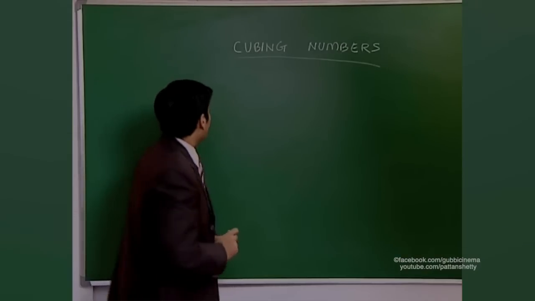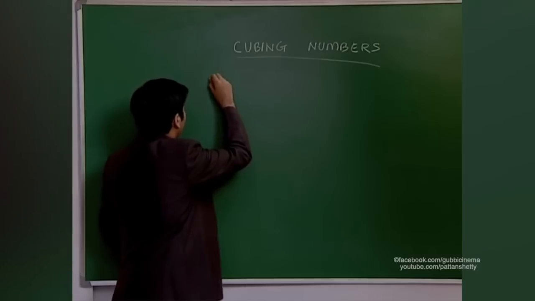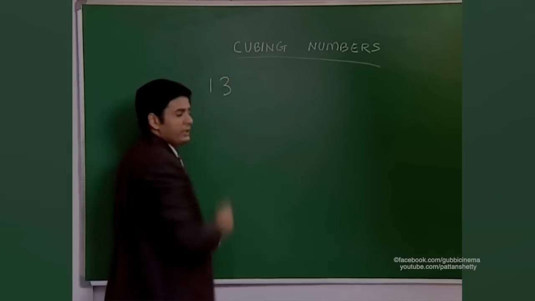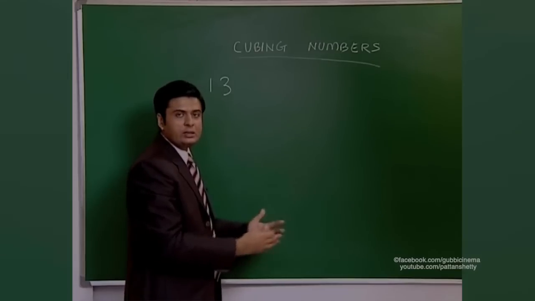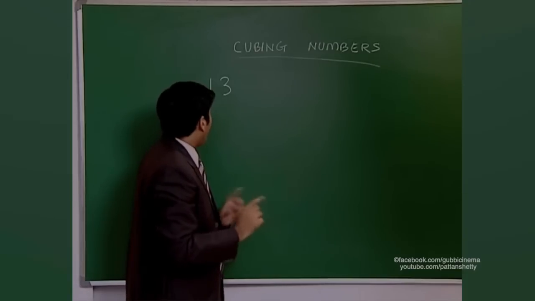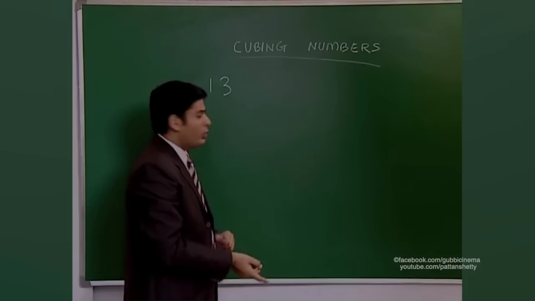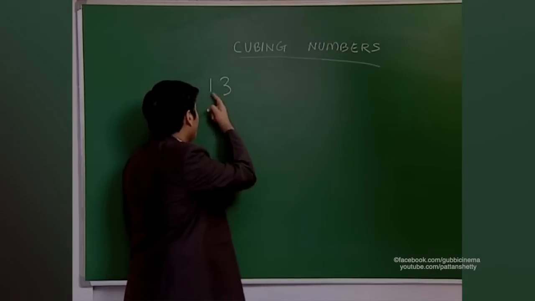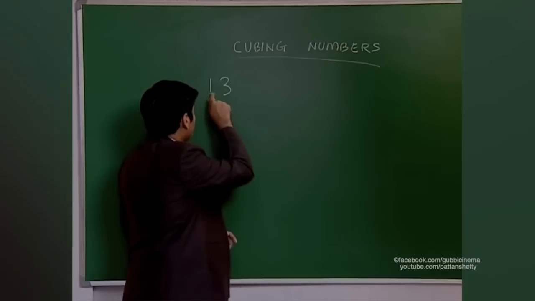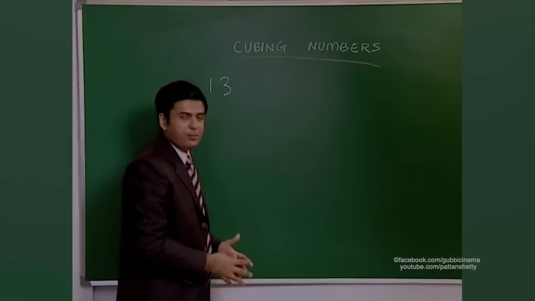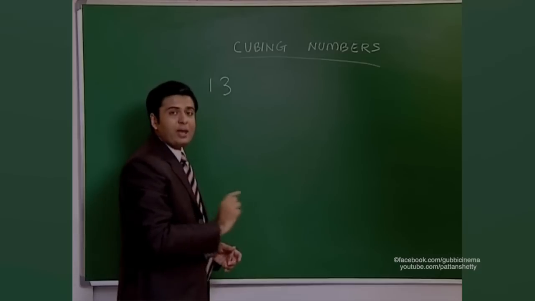Let us suppose I want to find the cube of the number 13. I want to find out what is 13 times 13 times 13. Ask yourself, what is the ratio of the second number to the first number? What must I do to this to get this? We know it's very simple. We have to multiply by 3.